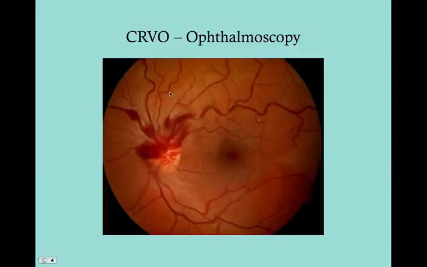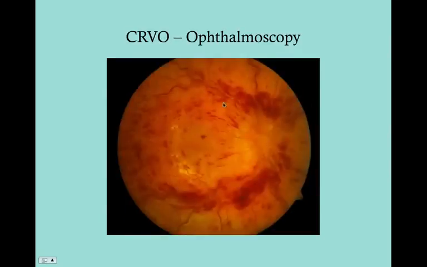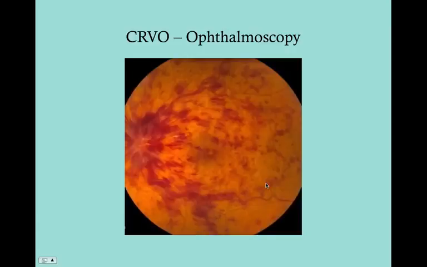And then you also have this tortuosity. This would be probably a little bit later, so you've got more hemorrhages here. And this is much later too, because the hemorrhages are much further out.